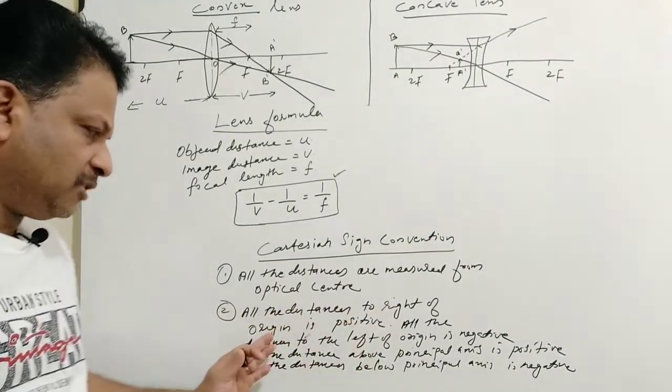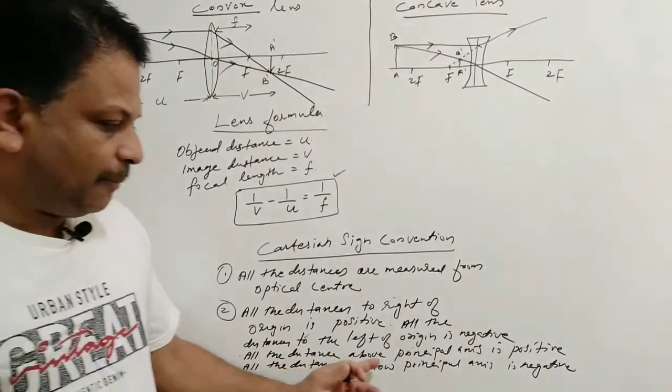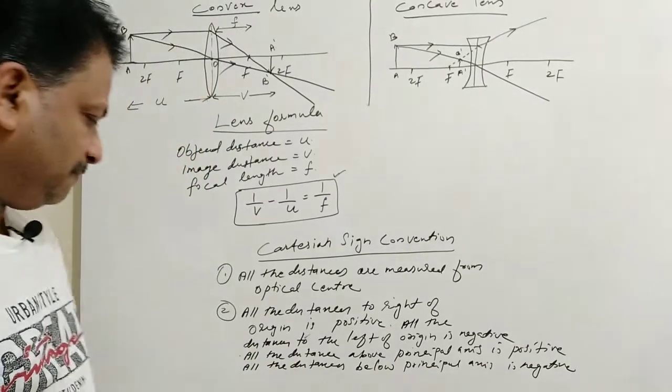All the distances to the right of the origin are positive, to the left of the origin negative, above the principal axis positive, and below the principal axis negative.